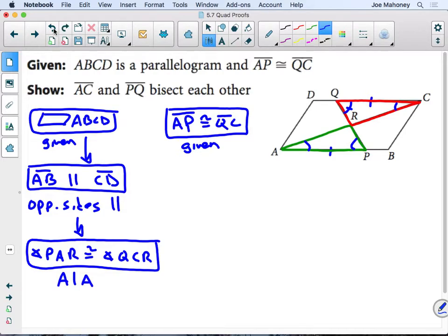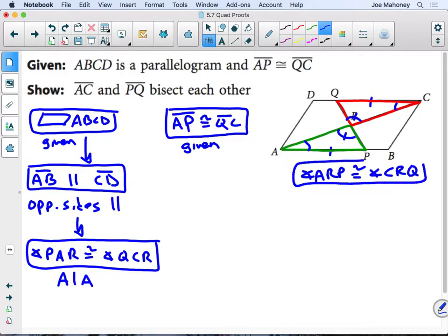What I think I'm going to do instead, though, is I'm going to prove the vertical angles are congruent. I'm going to prove that these 2 angles are congruent. So angle ARP is congruent to angle CRQ, and that's by our vertical angle conjecture, or by writing that vertical angles are congruent, which is what the conjecture says. So now I have enough to prove the triangles congruent.